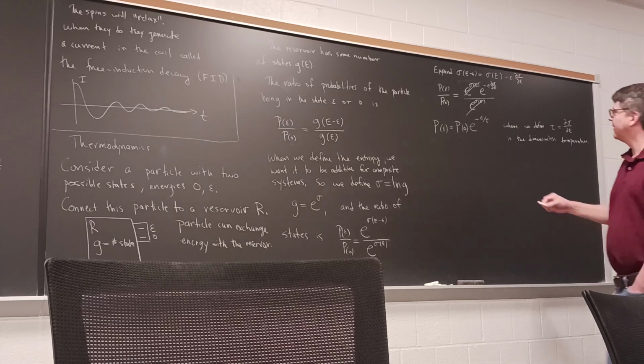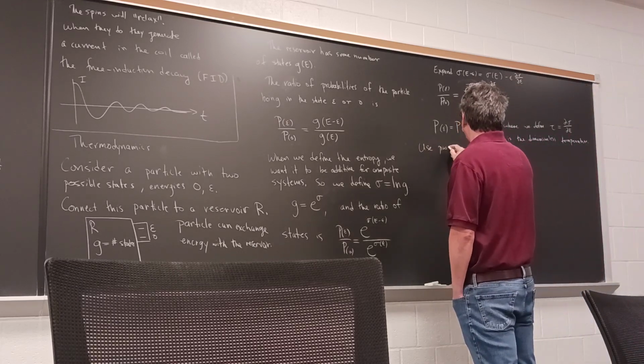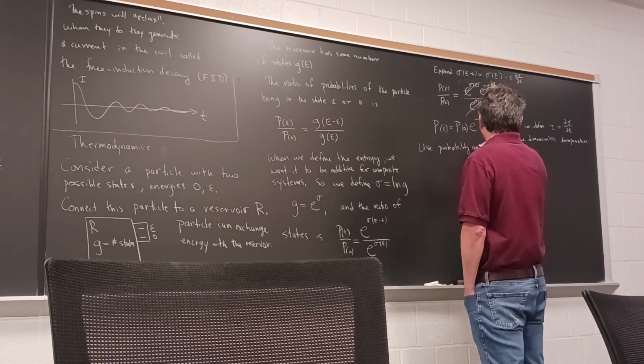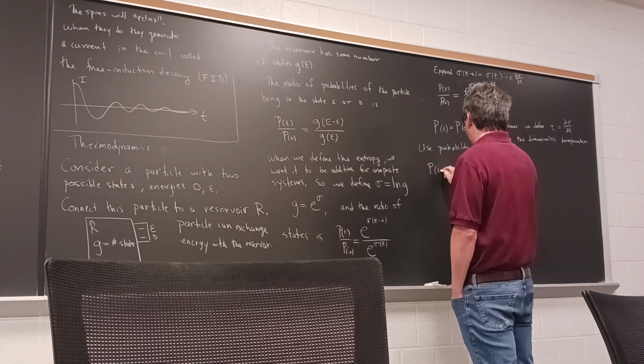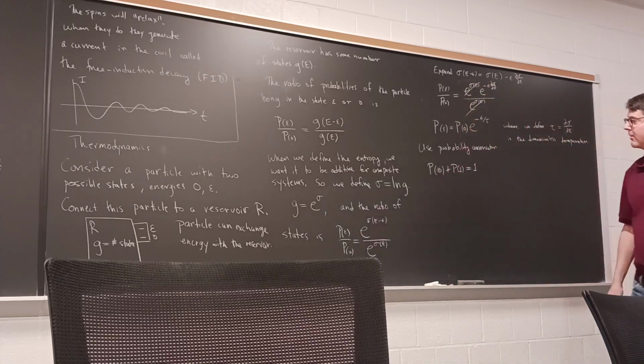Now we use probability conservation. We know that P of 0 plus P of epsilon, the total probability, has to be 1. It has to be in one state or the other.